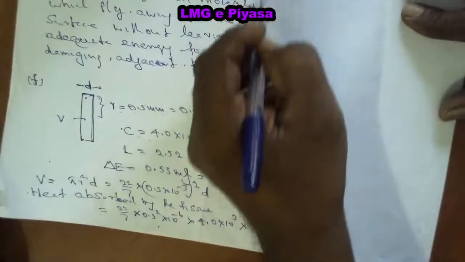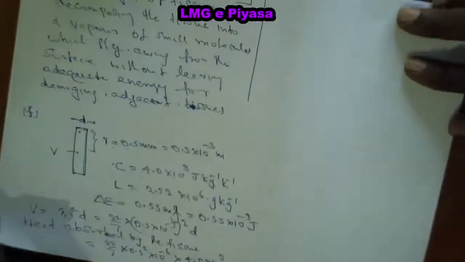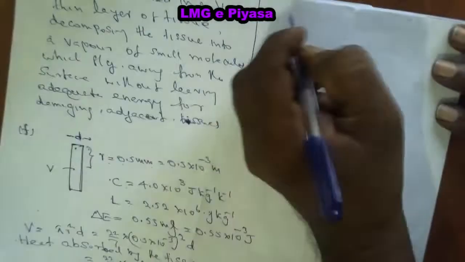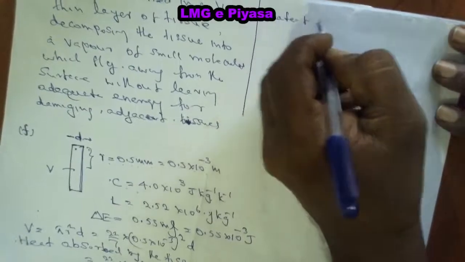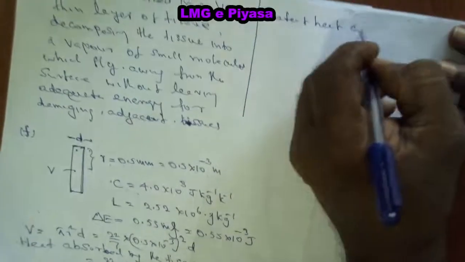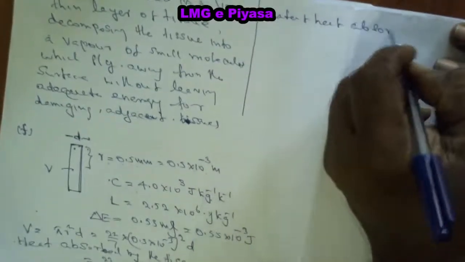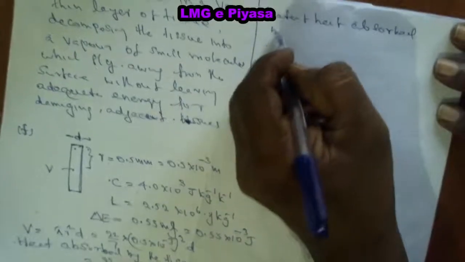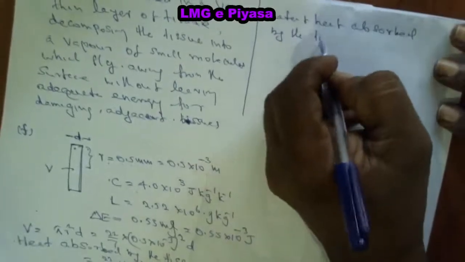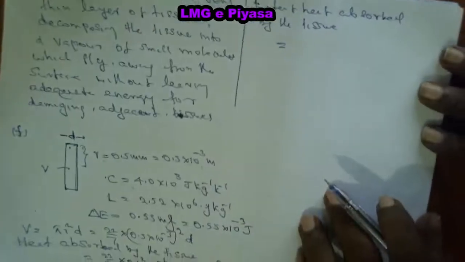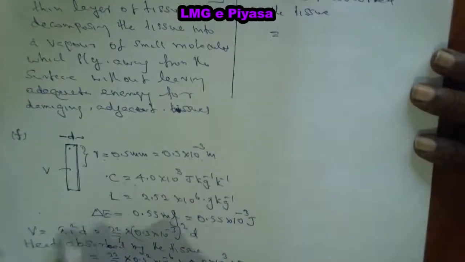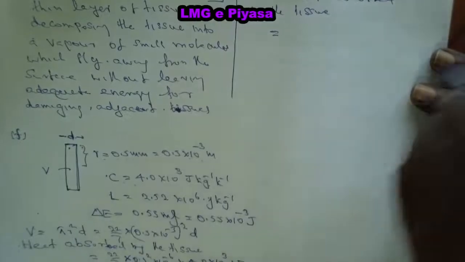Then latent heat. What is latent heat absorbed by the tissue? The latent heat absorbed by the tissue is same volume. So you can use this same volume, right?